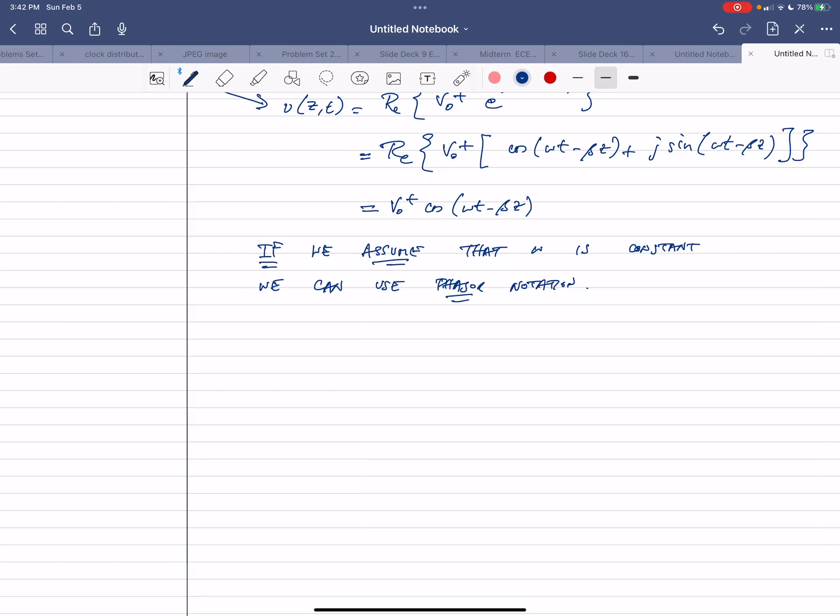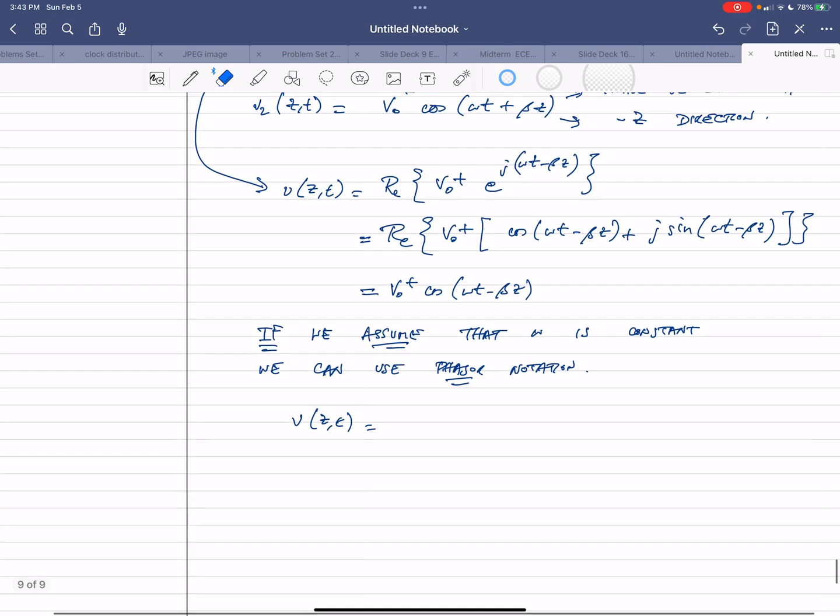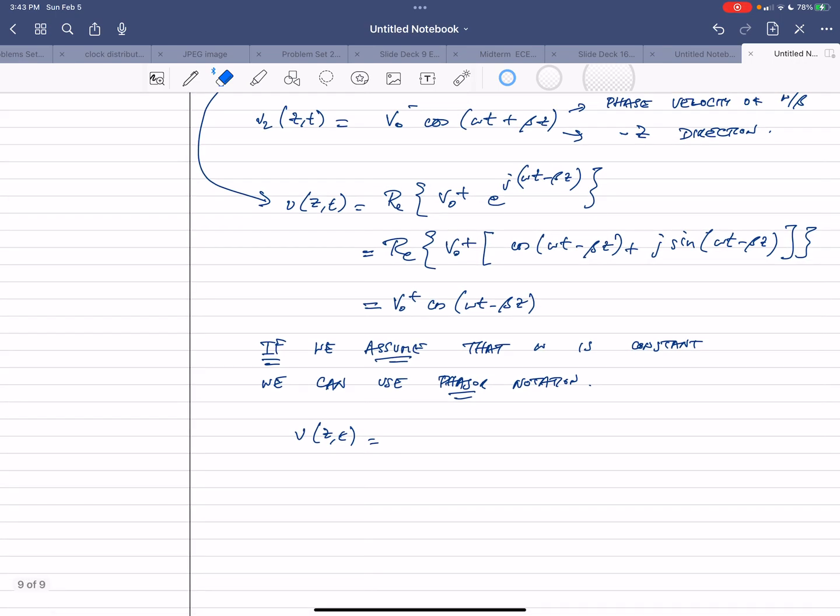Well, when we write our V of z, t as a real part of, we write it again in the form that we had up here.